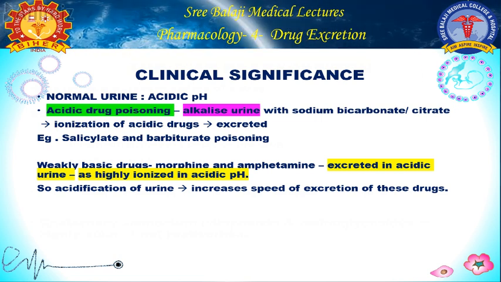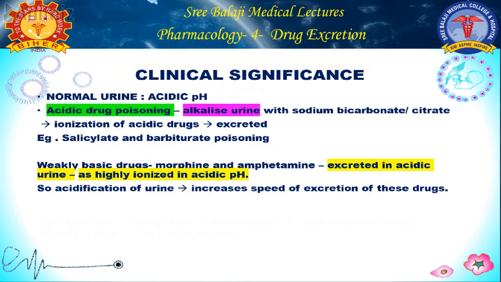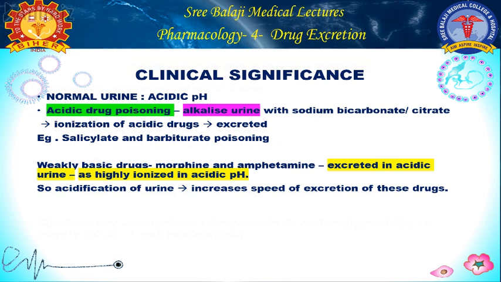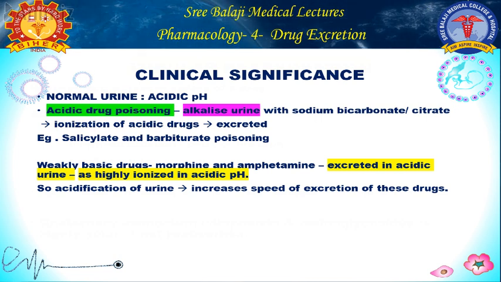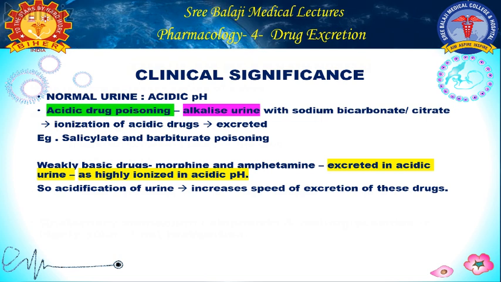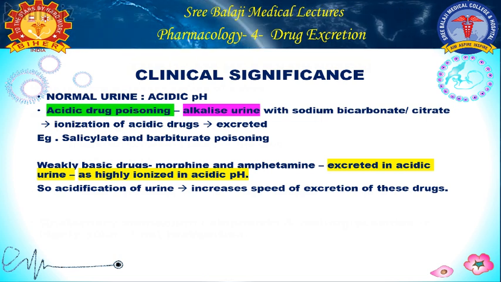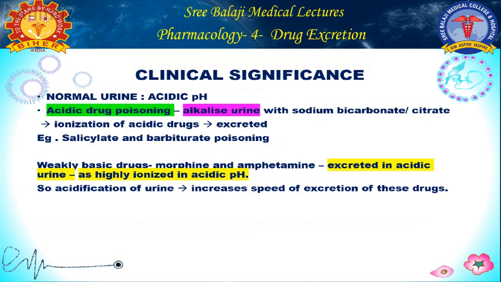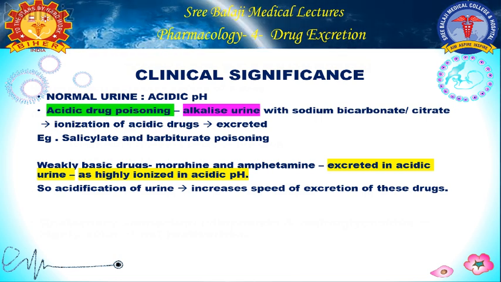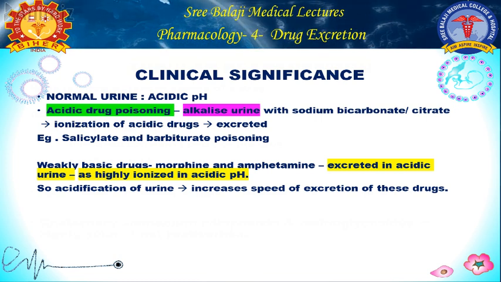Examples are salicylic acid and barbiturate poisoning. It is the same with weakly basic drugs like morphine and amphetamine. In case of morphine and amphetamine poisoning, the urine is made slightly acidic, right? If it is made slightly acidic, then these basic drugs will get ionized in the acidic pH and get excreted rather than reabsorbed.